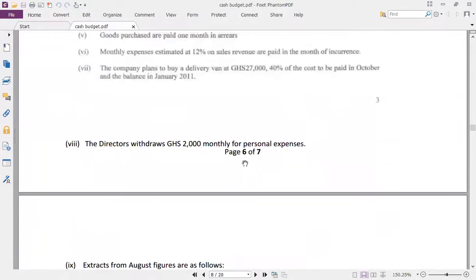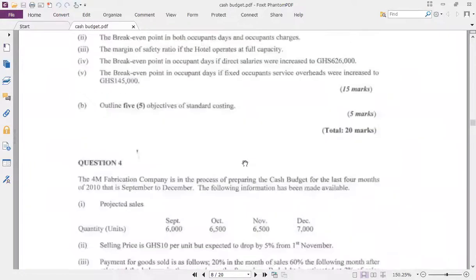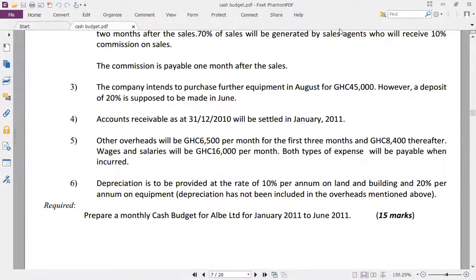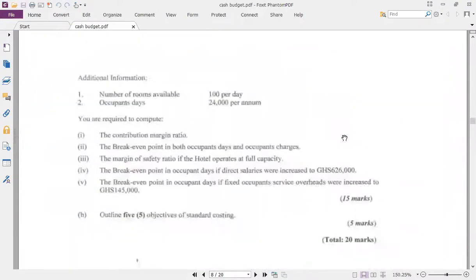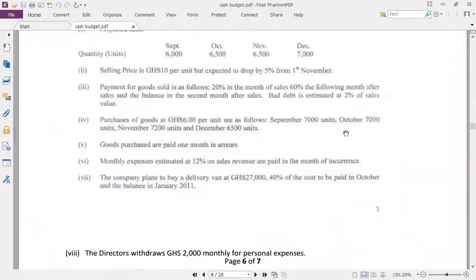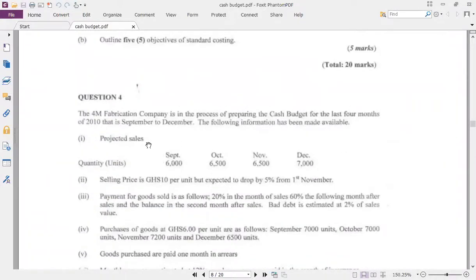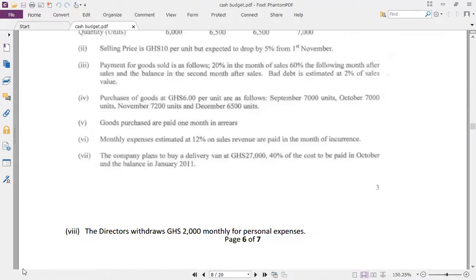Basically, it's a pure calculation. You do the question for a publication company. Got that one also for me nicely.